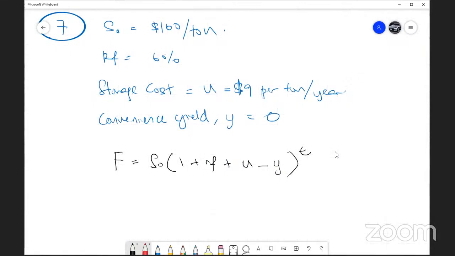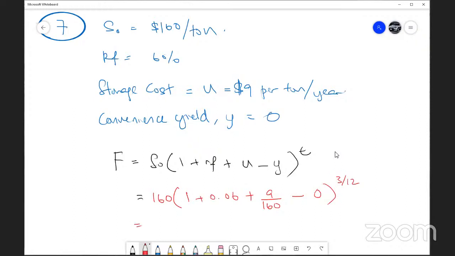You know your spot is already 160. Risk-free is 6%, so plus 0.06. Storage cost is $9 divided by 160. You want to change into percentage form, right? And then your yield is 0, convenience yield. So power of 3 months, 3 out of 12.